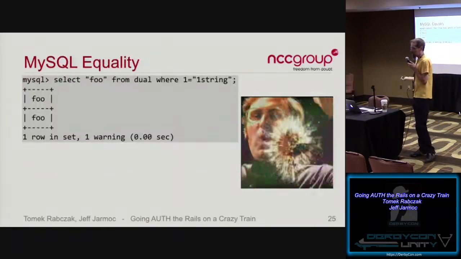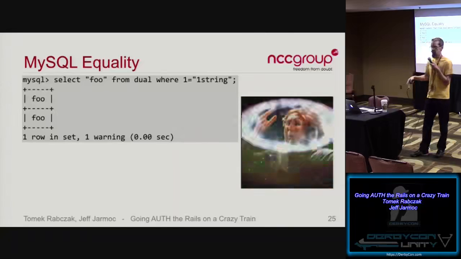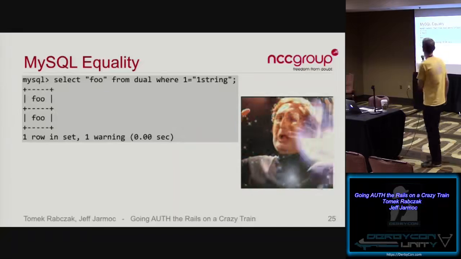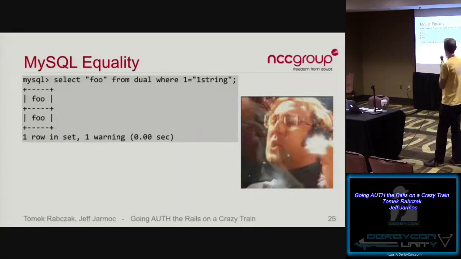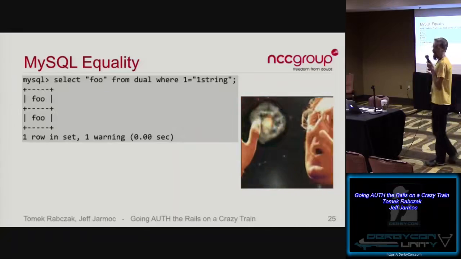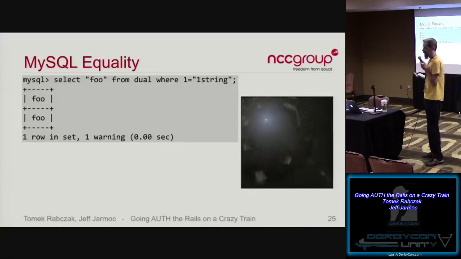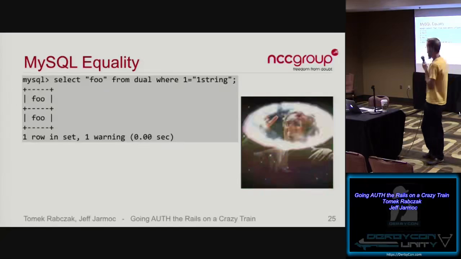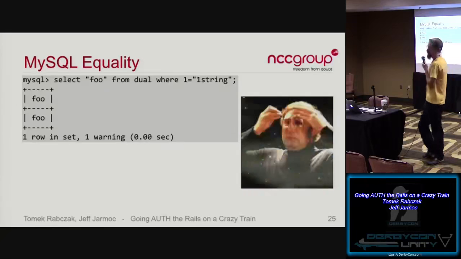With that in mind, the bug actually stems from MySQL's equality operators. So this is really not what I would expect. When you do a query where the integer 1 equals a string that starts with 1, it's actually true, and it's going to return data.